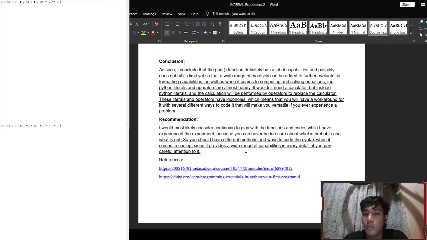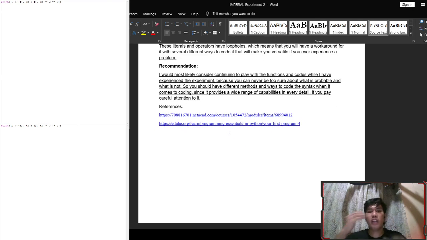Okay, we don't need a calculator, but instead we can use the Python literals, and the calculator can be replaced by the calculation that is performed by the operators. These operators and literals are actually a loophole which you could work around in several different ways, several different codes, and this is very versatile for you to solve your problem, to experience every problem, and to learn how to conquer them.